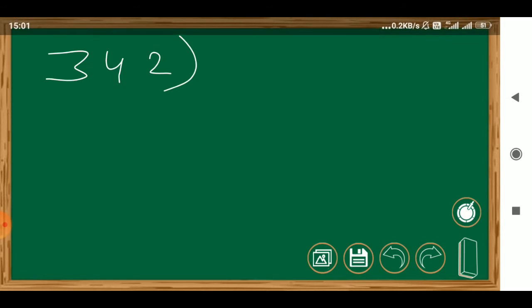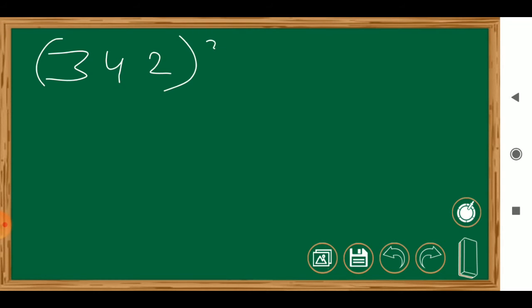Now we have to find the square of 342 in one line.